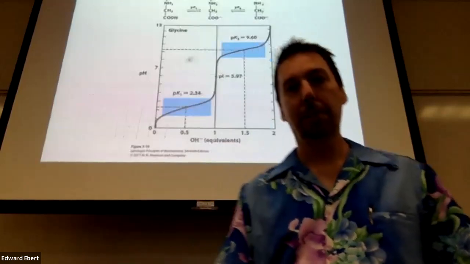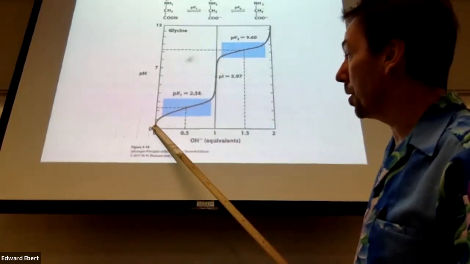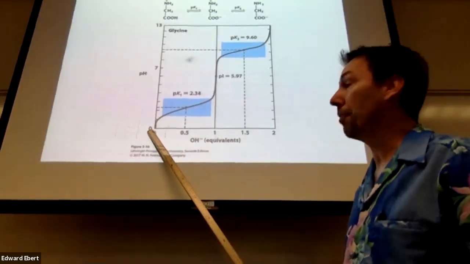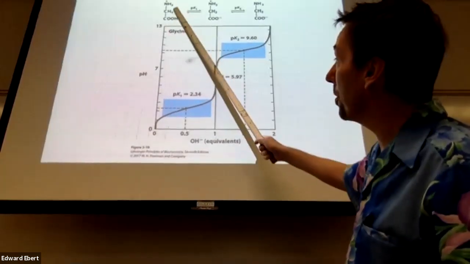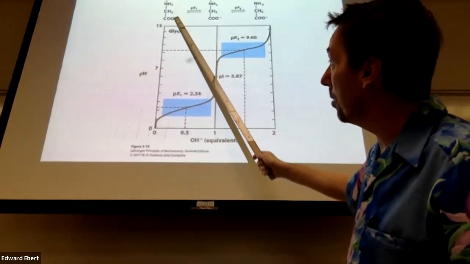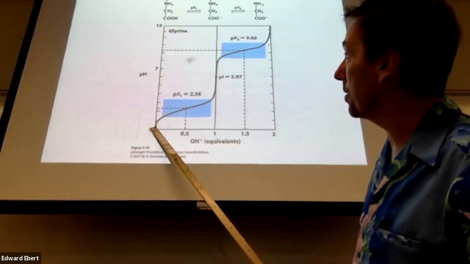Okay. So if we look at something like glycine here, if I have a very low pH, I'm going to protonate it. It's going to have a charge of +1. Okay. So here's my form at the very top on the left. I have NH3 plus, and my carbonyl group is protonated at this very low pH. Okay.